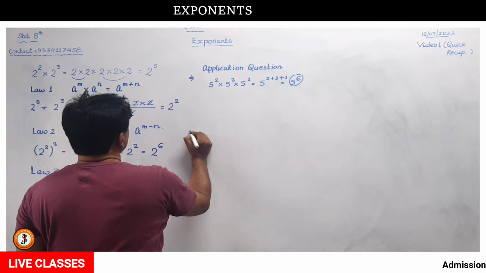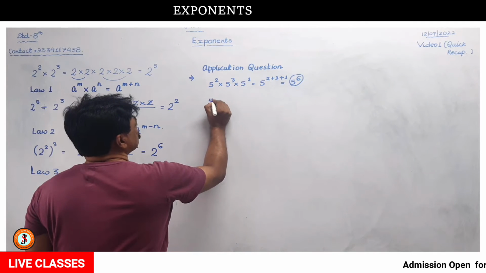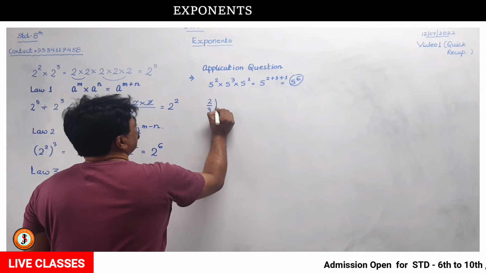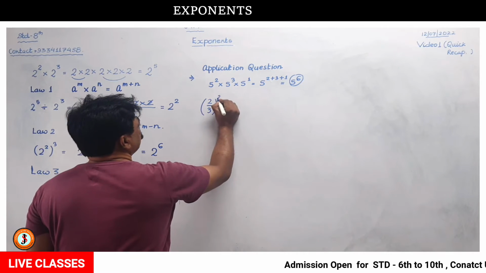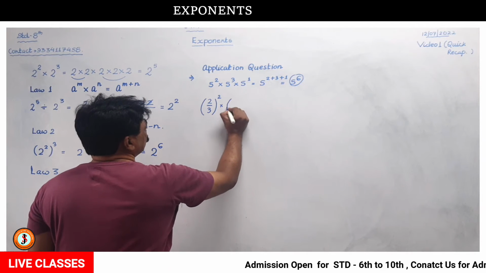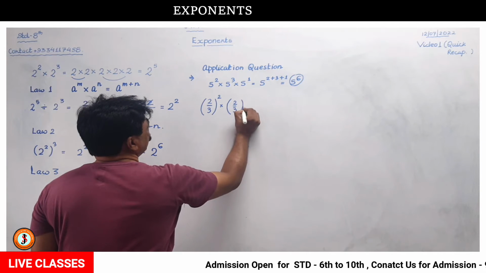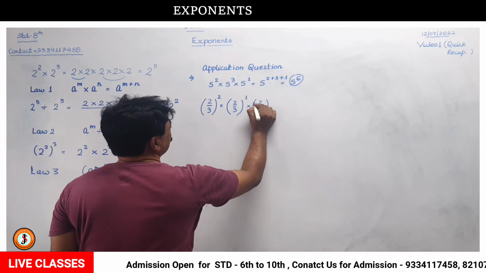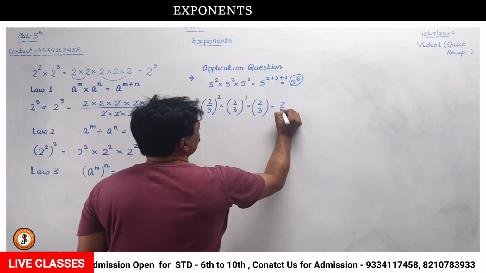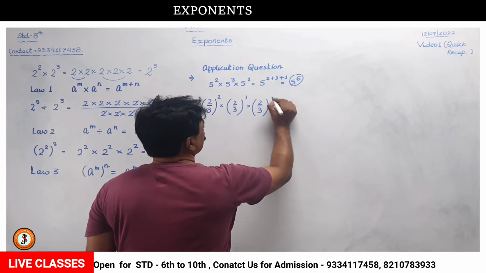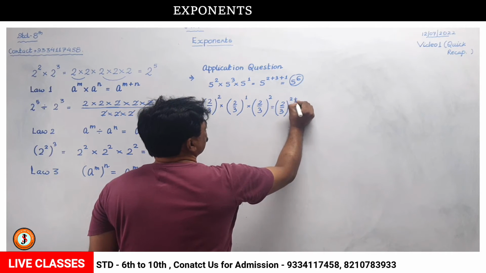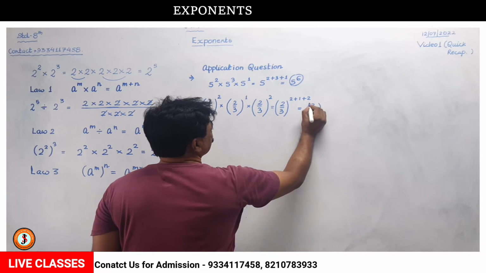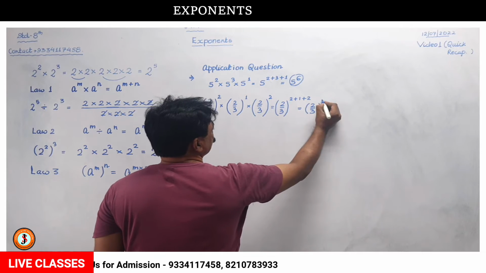Now the next one is for law 1 with fractions. Suppose I have 2 by 3 to the power 2, multiplied by 2 by 3 to the power 1 and 2 by 3 to the power 2 again. It's the same way we have to deal. This becomes 2 by 3 to the power 2 plus 1 plus 2, that means 2 by 3 to the power 5.